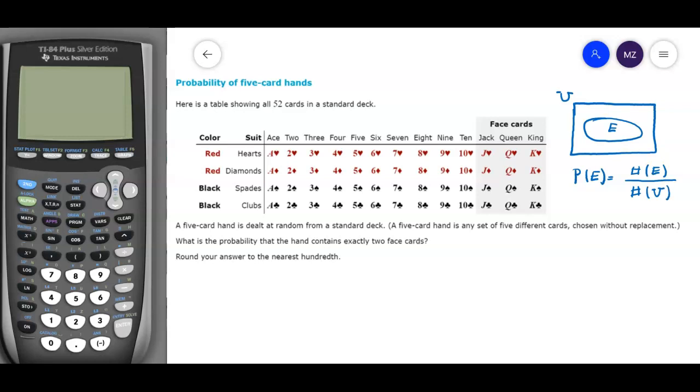Our job first is to determine what the universal set is, and how the universal set is mentioned in the problem.